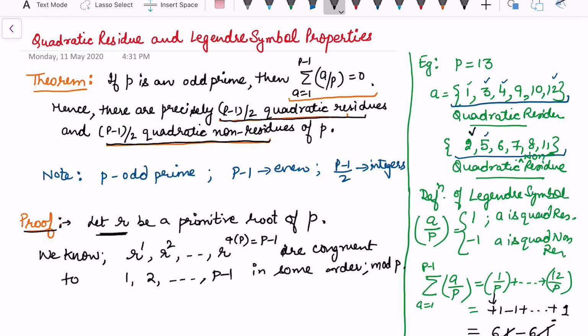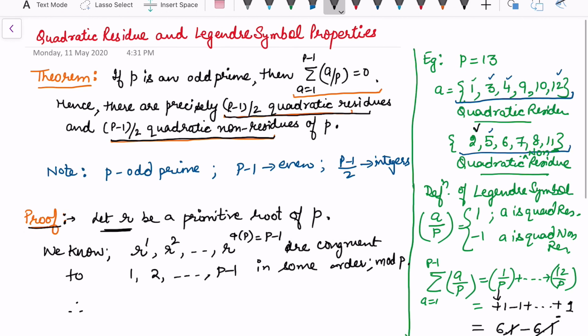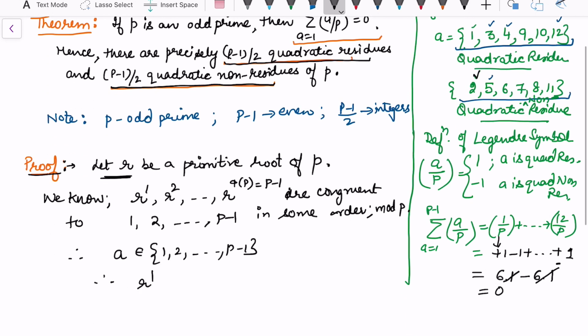Now in this case, the choice of A, for which we say that it is a quadratic residue or non-residue, also belongs to the set 1, 2 up till P minus 1. This means I can say here that R raised to the power K is congruent to A modulo P for some K, and K lies between 1 and P minus 1 because the powers are running 1, 2 up to P minus 1.